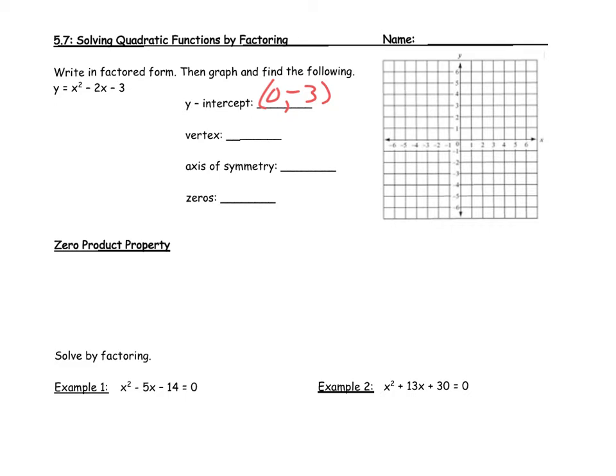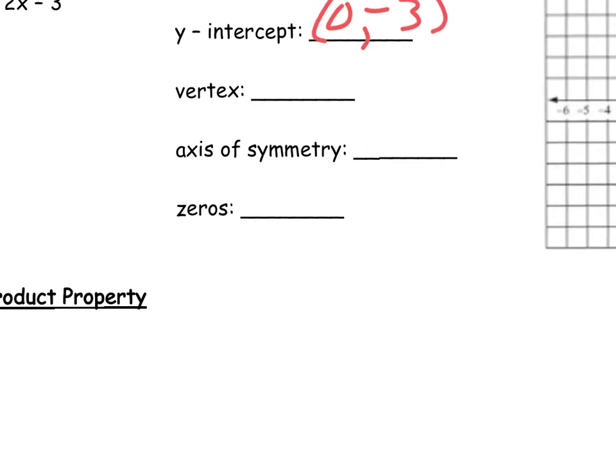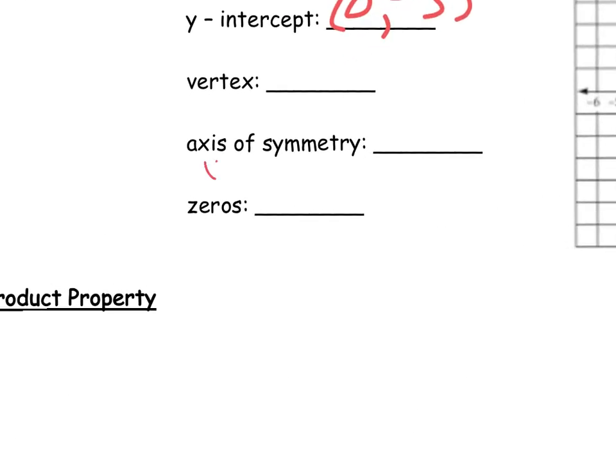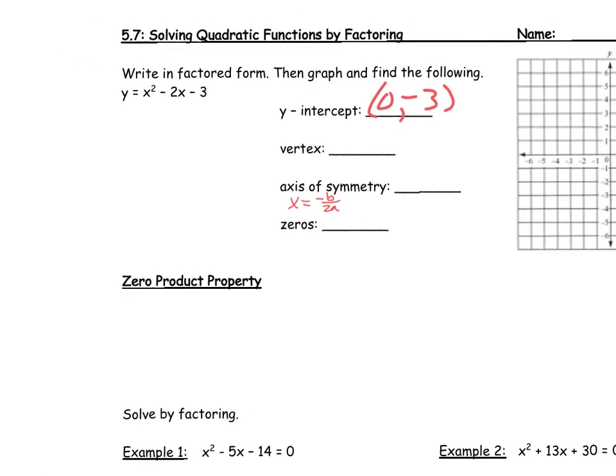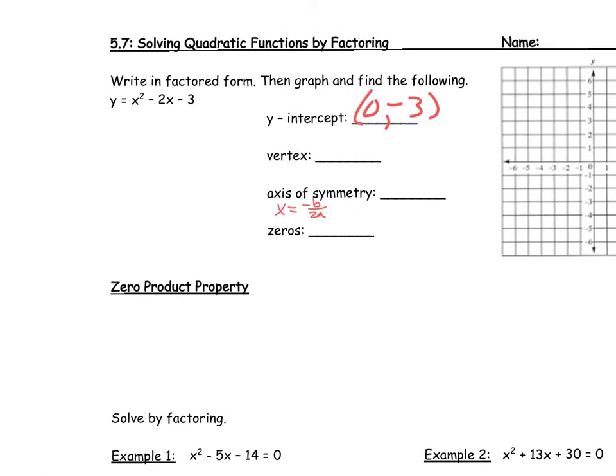Your vertex, we'll find that after we find the axis of symmetry. Remember, the formula is x equals -b over 2a. So here it would be x equals the opposite of -2, so +2, over 2 times a, and a is the number in front of your x squared term, that's 1.